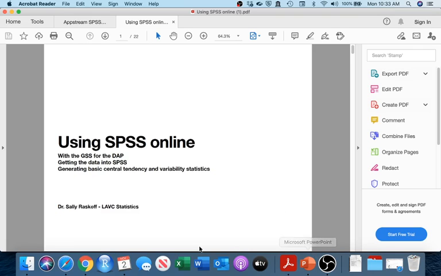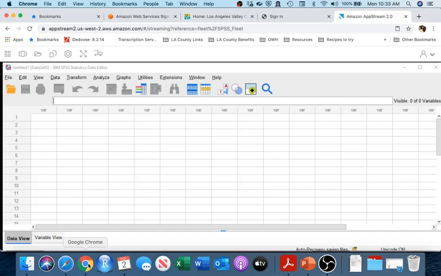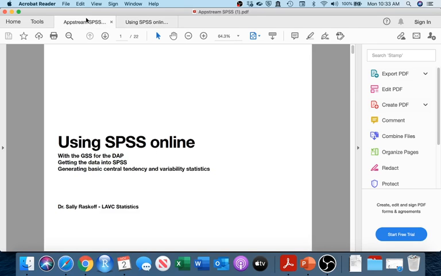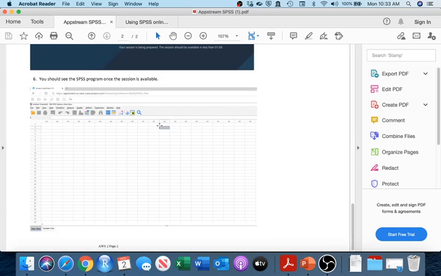Okay, so in the lab, again, I'm just going to go through how to open the lab because I think that can get a little tricky. I went through all the steps, and I'm at this point.